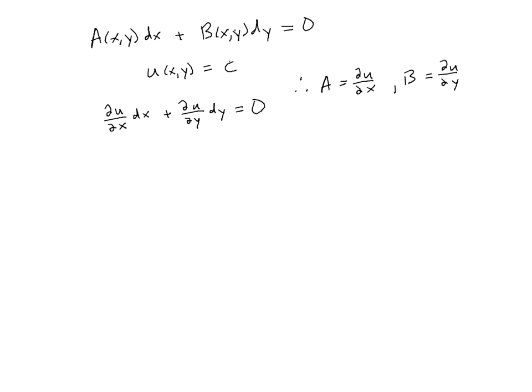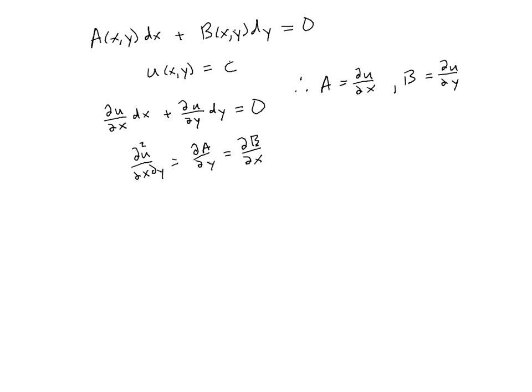Now, also, we know from basic calculus that the second derivative of u with respect to both x and y should be equal to both partial a with respect to y and partial b with respect to x.